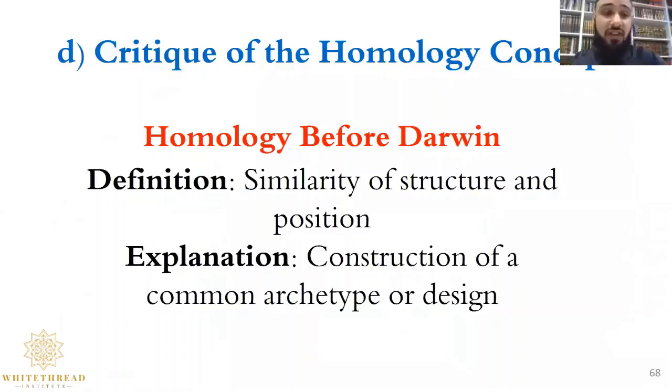This is how homology is defined: similarity of structure and position. The definition of homology before Darwin was similarity of structure and position, and we saw that there is similarity of structure and position. The explanation before Darwin was common archetypal design. This is a designer's common design rather than any common ancestry.